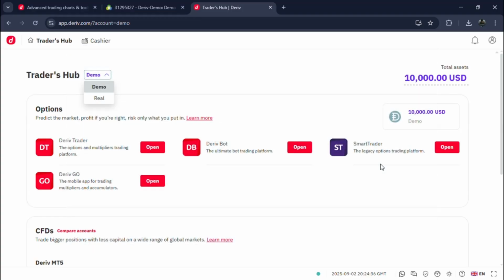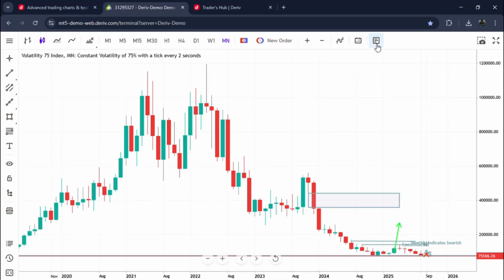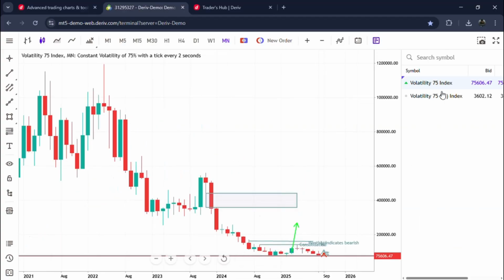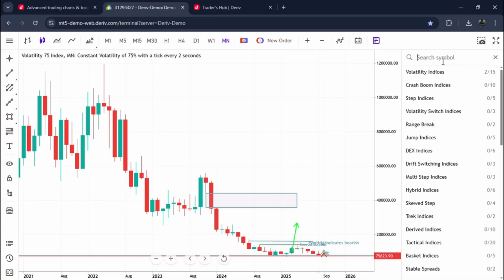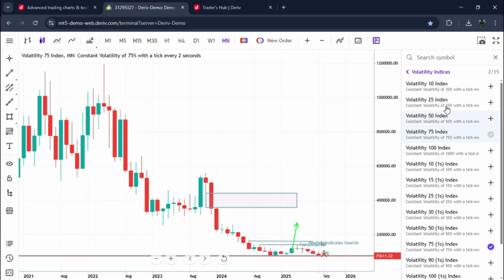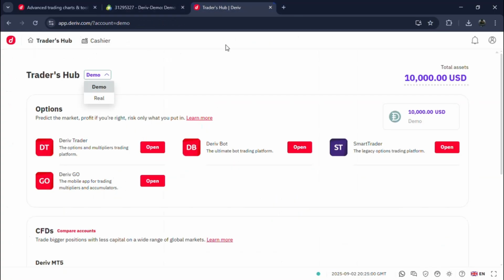Let me just show you very quickly. You can clearly see under volatility indices, you can get the Volatility 25 index, Volatility 50, Volatility 100 index. There are many things to trade under volatilities. You can go take a look at CFDs, and you can go even further, click the learn more button and get to know what CFDs are.